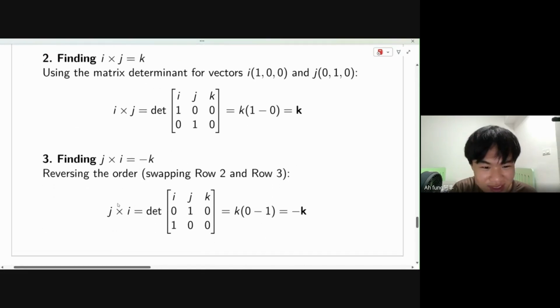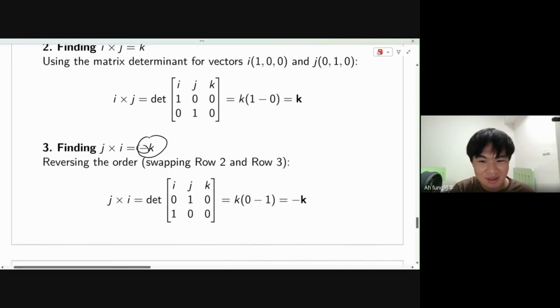And what if j cross i? There is a negative sign. This is very important. Why is it important? Because just now we said that a commutative number system is one where A multiplied by B is equal to B times A.